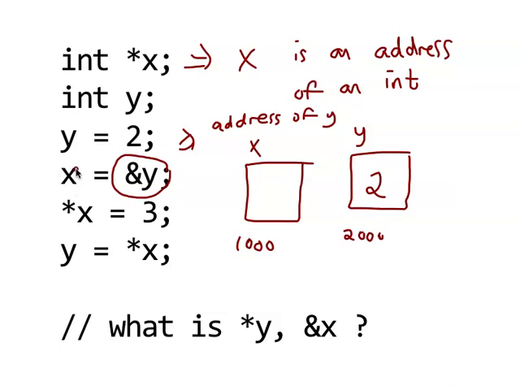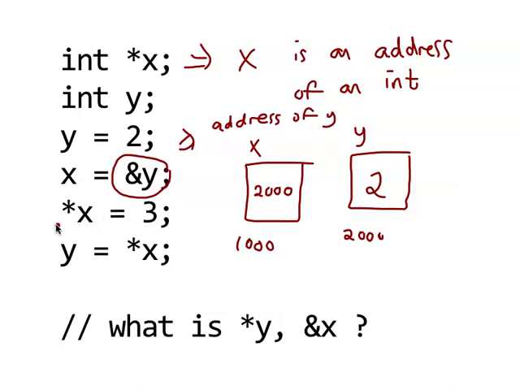So I put 2000 into the box of x. Okay, follow so far? This just means the address. So I put the address of y into x.